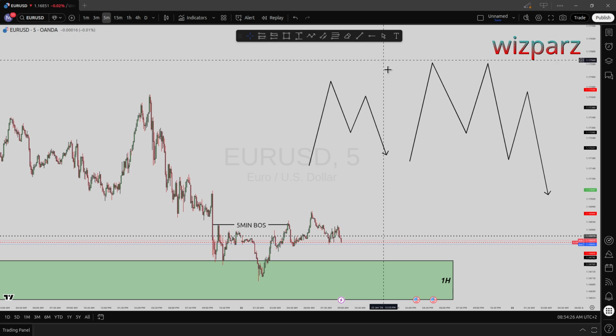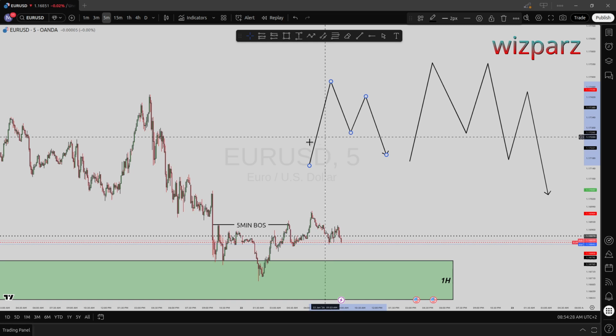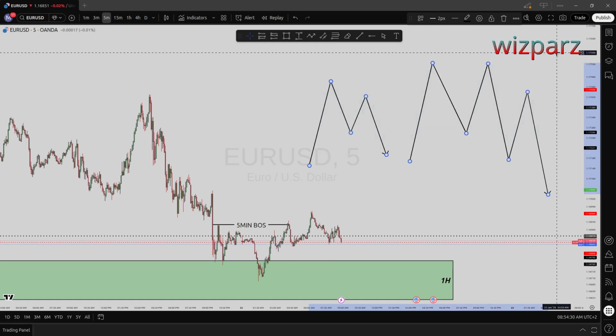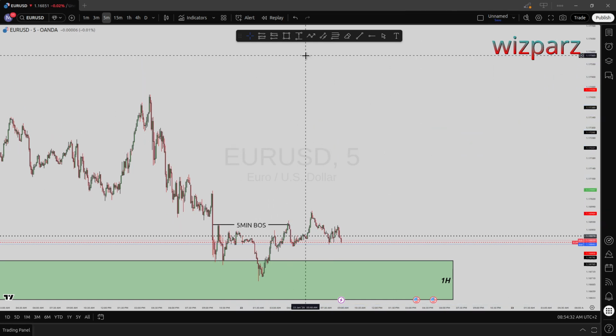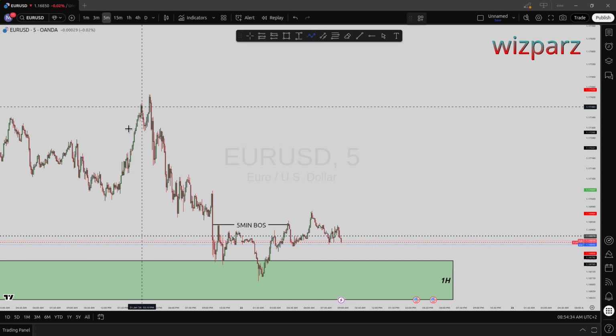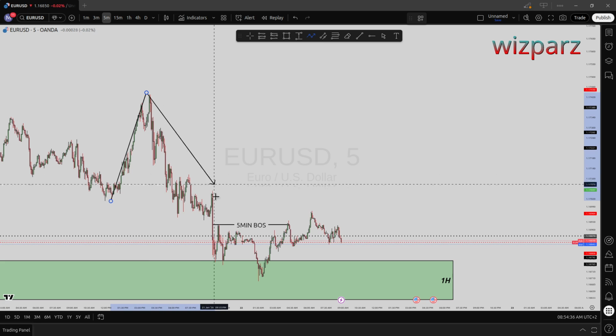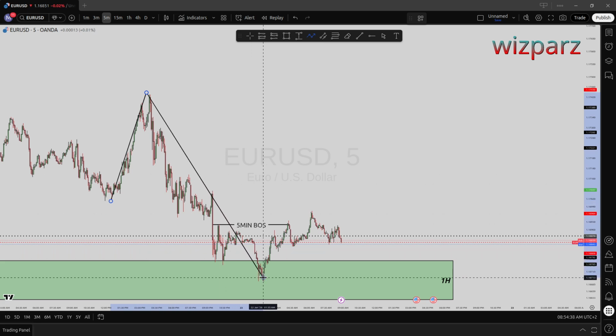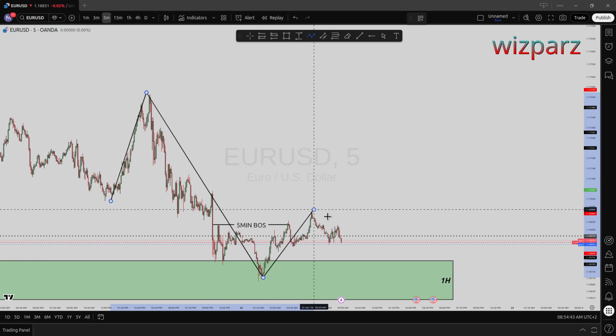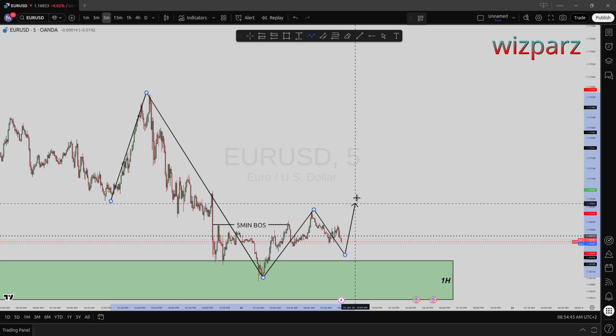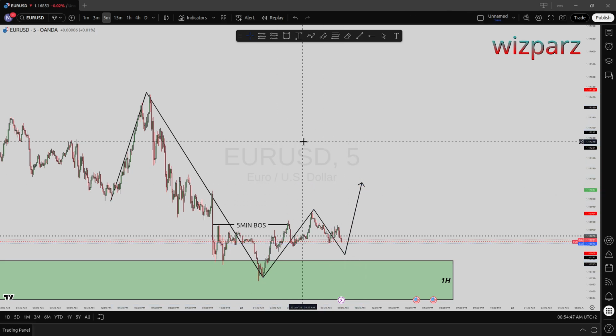The third one, no, this is almost all, and as you can see, the price here came back to this area by making higher high, higher low, lower high, lower low, and I'm expecting for price to make something like this on 1 minute, 5 minute.